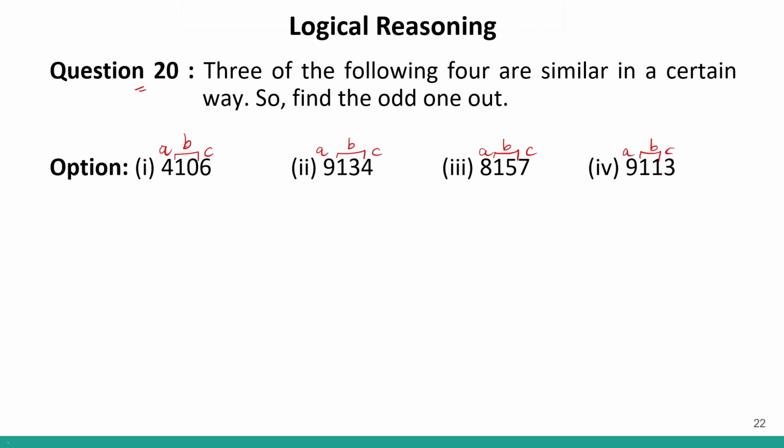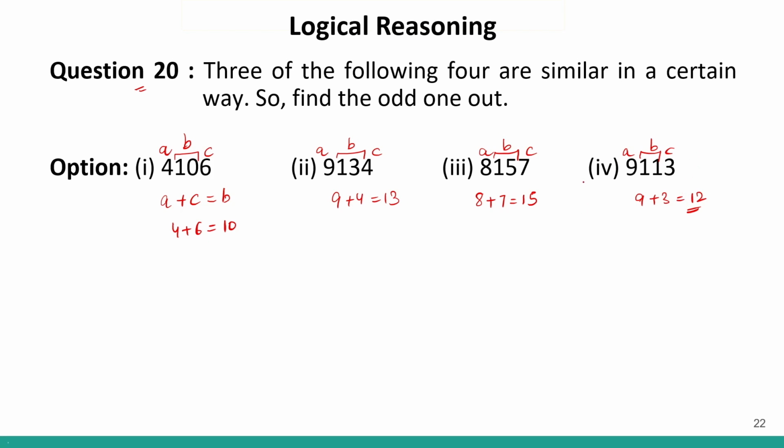Now over here, if I look, I can say that A plus C gives me B, because 4 plus 6 will give me 10. Correct? Here also I can say 9 plus 4 will give me 13. Here I can say 8 plus 7 will give me 15. But over here 9 plus 3 will give me 12 and not 11.